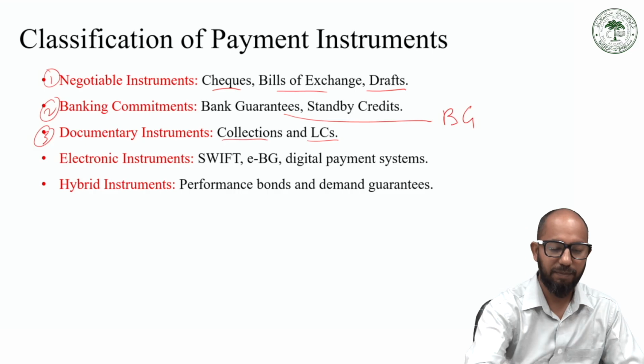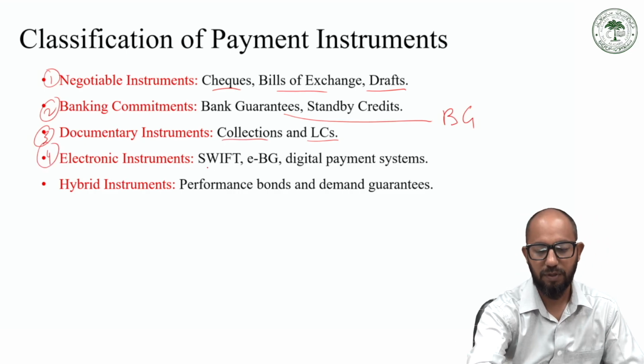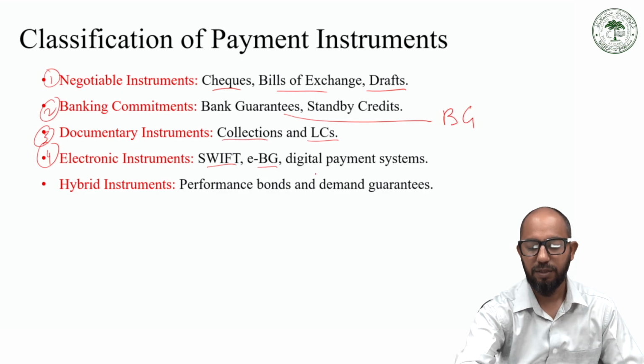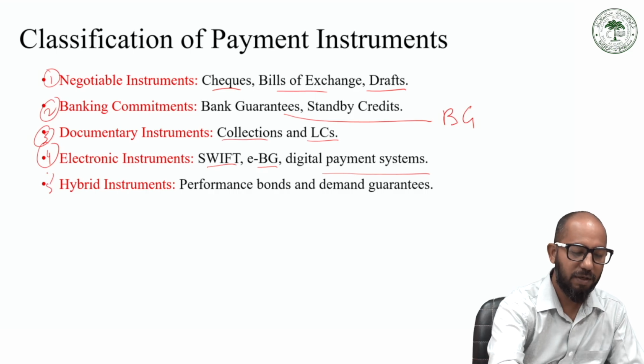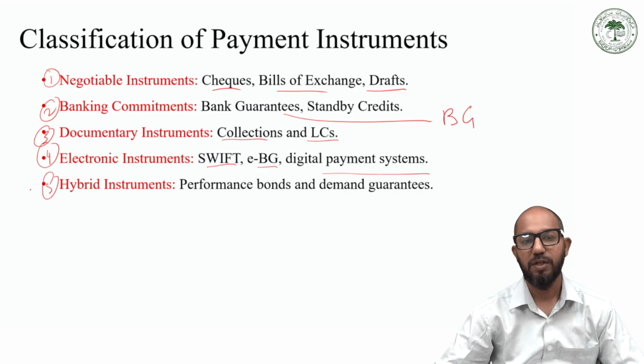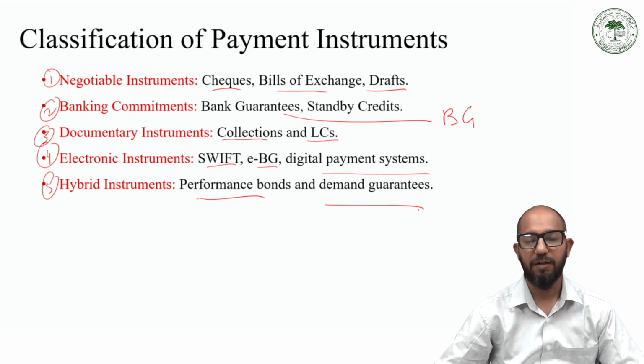The fourth type is electronic instruments such as SWIFT, e-bank guarantee, digital payment systems, etc. And the fifth type is hybrid instruments, which includes performance bonds and demand guarantees.